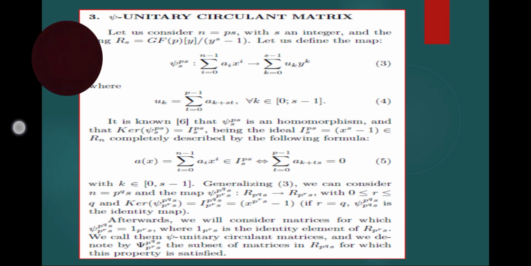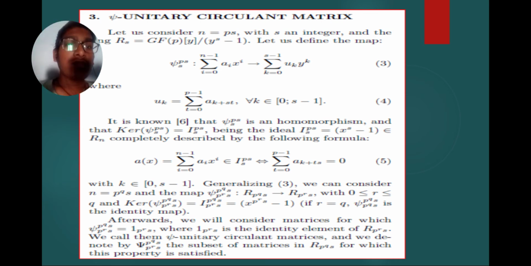Generalizing the third equation, we can consider n equals p^(qs), and the map from R_{p^(qs)} to R_{p^(rs)}, with 0 less than or equal to r less than or equal to q, and the kernel equals the ideal generated by x^(p^r s) minus 1.